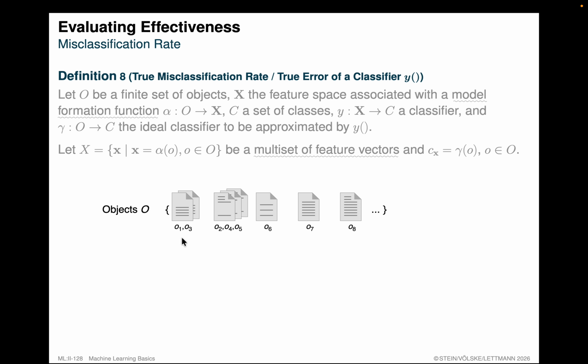The objects look like this. We have duplicate emails, which occur in the real world, and many of them. And we have the feature space in which they are mapped. For example, our 2 features that we saw before.